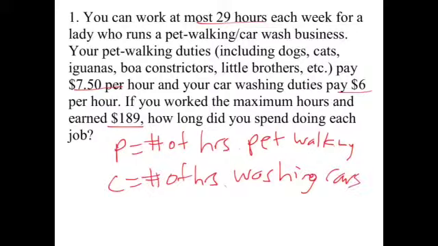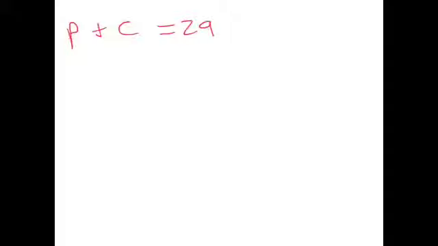Okay, with a system of equations, when you have two variables, you need at least two different equations to solve it. And so I need another equation, and this other one's going to come from my other total. You get $189 with those 29 hours.